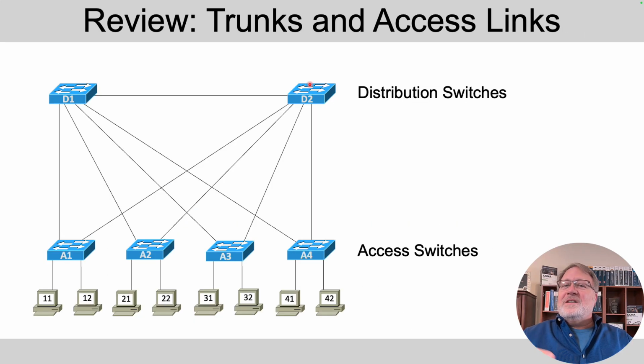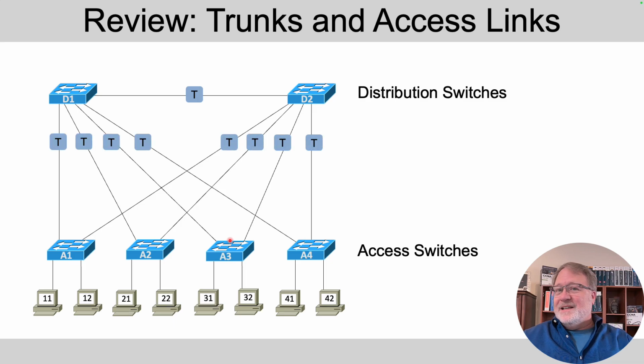Next up, we talked about these access switches like the one I just showed you in the context of the overall campus design. So typically you'd have maybe 2 distribution switches that only connect to other switches, mainly access switches, with a bunch of access switches like these. And those links between switches typically need to be trunks, as noted with these squares with a T on it.